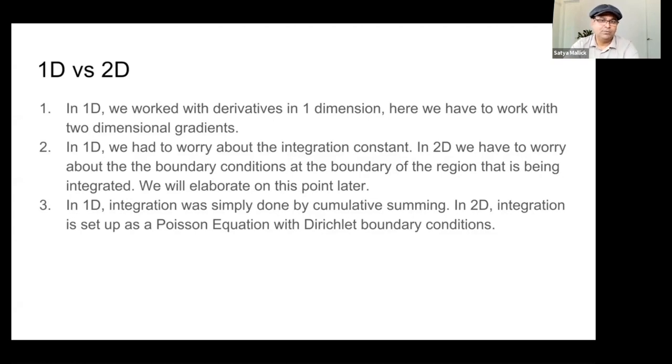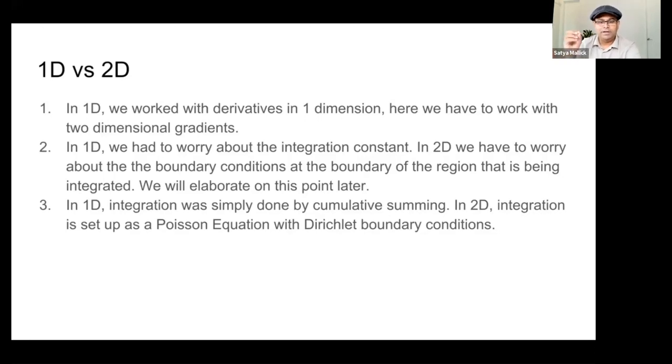In 2D, we need boundary conditions. So when we integrate in 2D, we need to know an entire curve or closed curve along the boundary for fixing this integral, right? And here's where we make a little jump where we don't go into the math in detail.